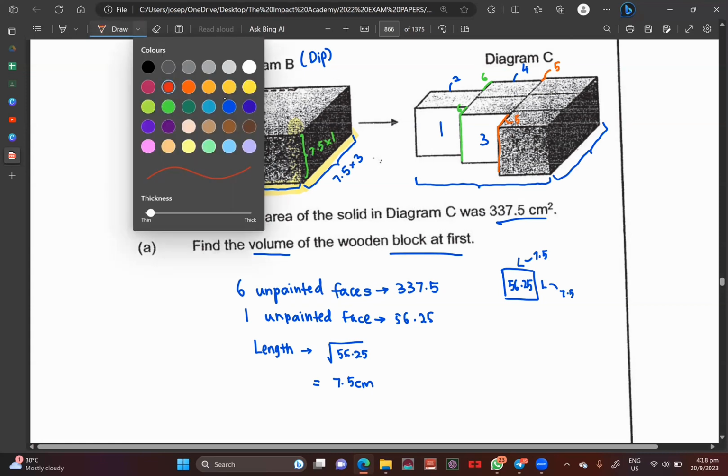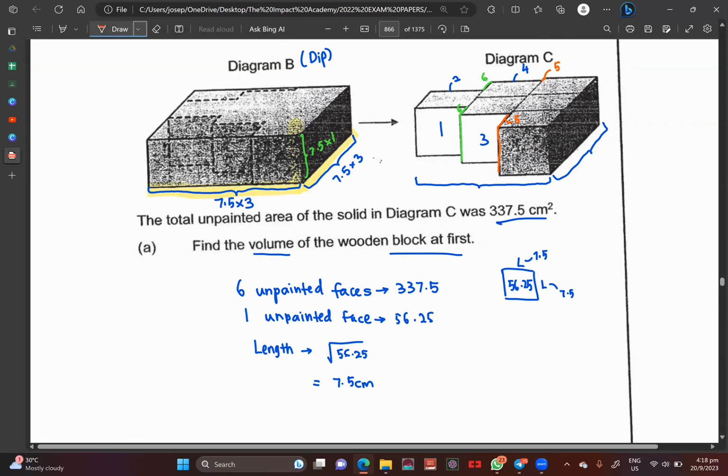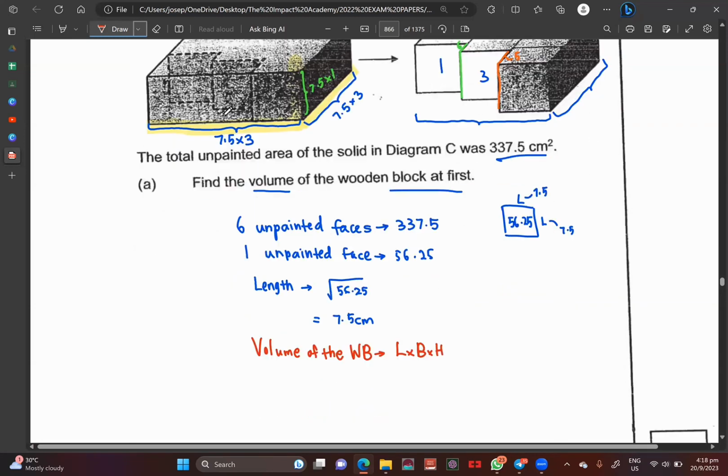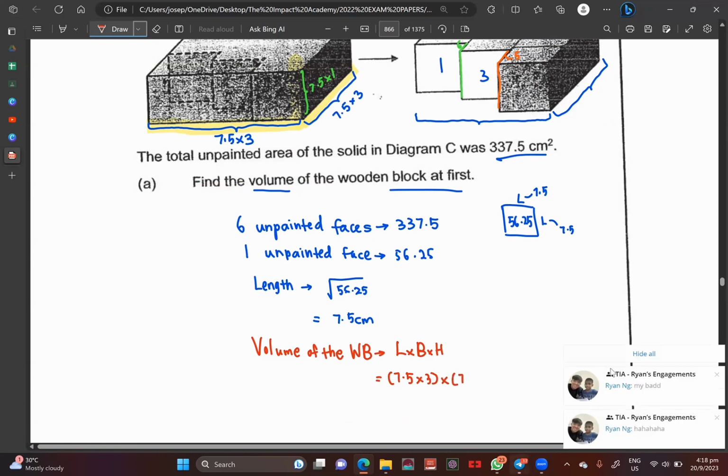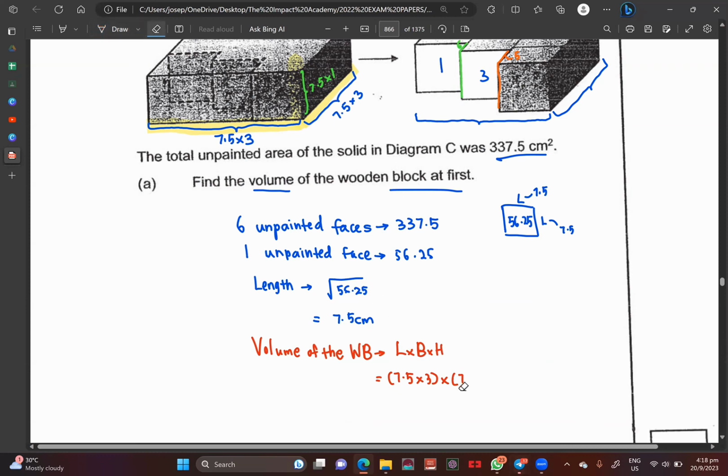Now once we are done with this, we want to find the volume of the wooden block. So let's use length times breadth times height. We know that the length is 7.5 times 3, times the breadth, which is once again 7.5 times 3, and definitely we have to times the height, which is just 7.5.